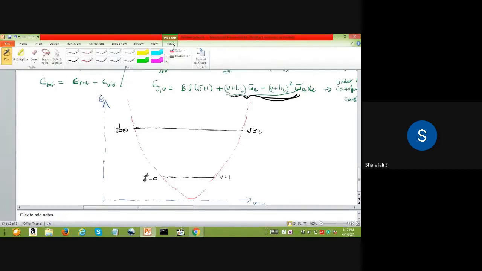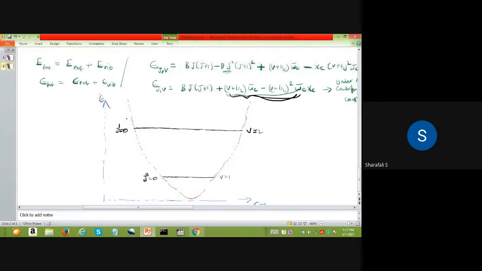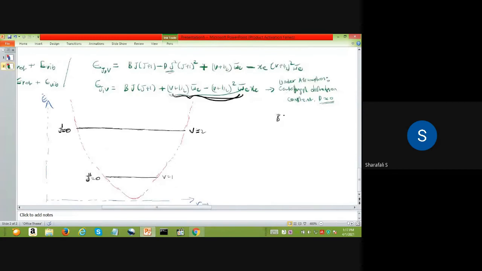Now we'll calculate what will happen if v equal to 2, but j is different: j equal to 1, j equal to 2, etc. We already calculated this b into j plus 1 when we discussed the rotational spectra.